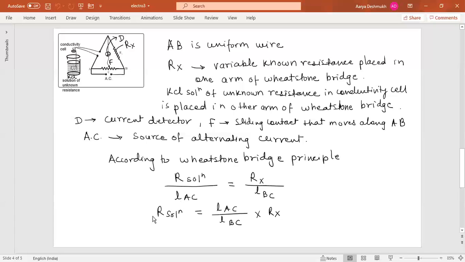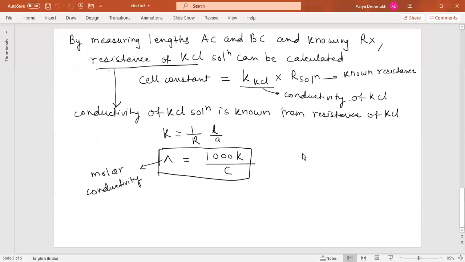So the resistance of the solution can be determined by knowing the lengths and the known resistance. Now what are these lengths AC and BC?